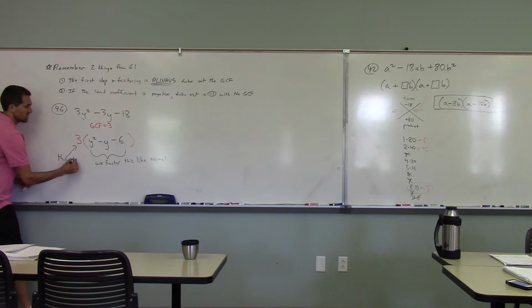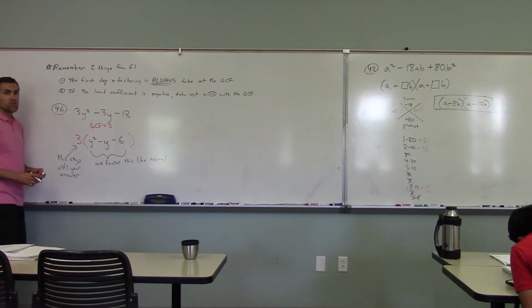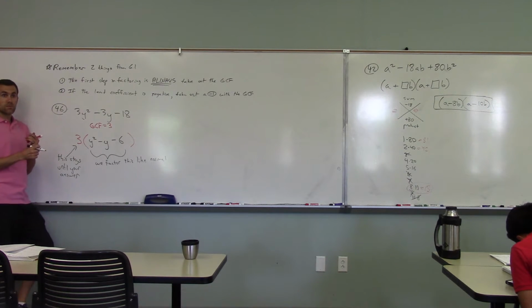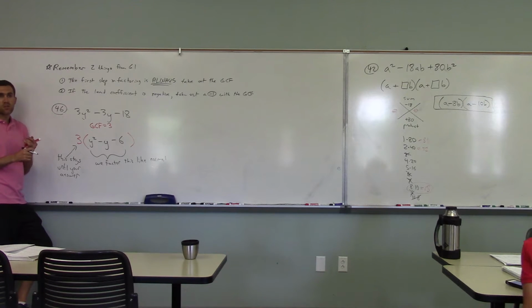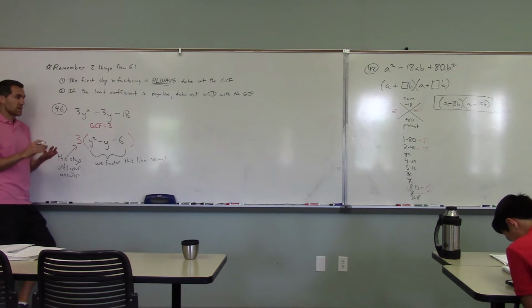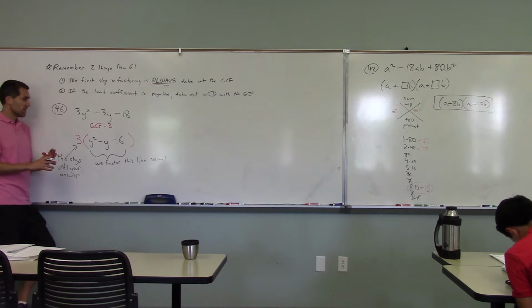This stays until your answer, but doesn't affect anything. So it's still there. So when we write our general form now, what's our general form? Y minus something. Well, I always use plus, but sure, it's gonna be plus or minus, times y plus something. Yeah, exactly.